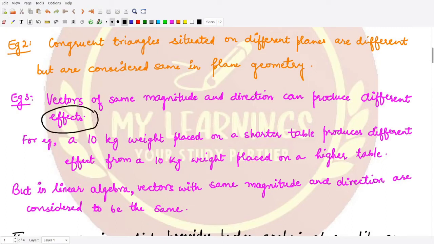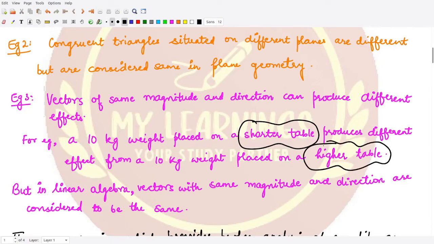For example, suppose we have a 10 kg weight, right? If that is placed on a table, its direction is obviously downwards and the weight is also fixed, that is 10. Now the same weight would have a different effect when we place it on a shorter table, and a different effect when we place it on a higher table.